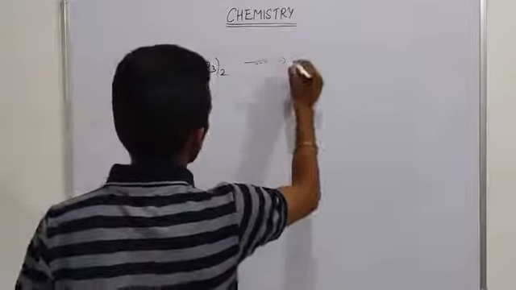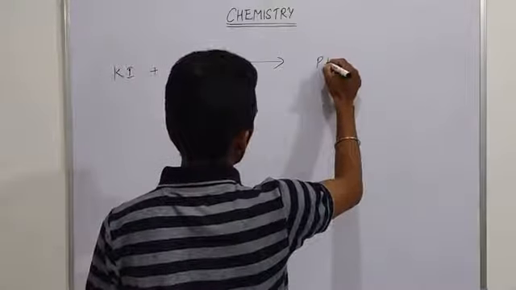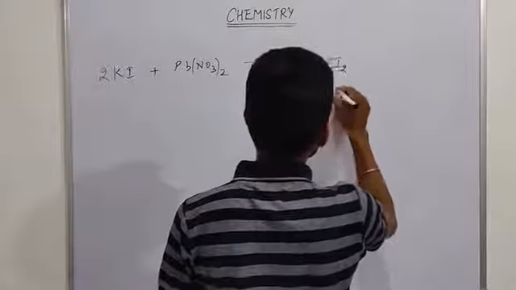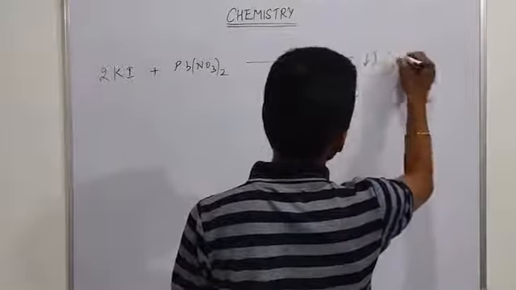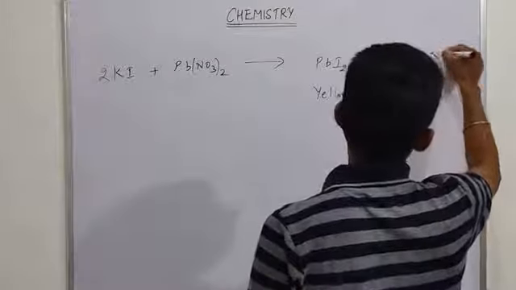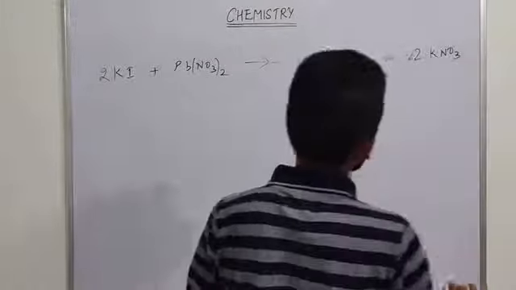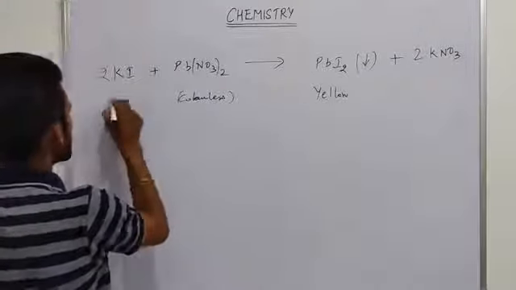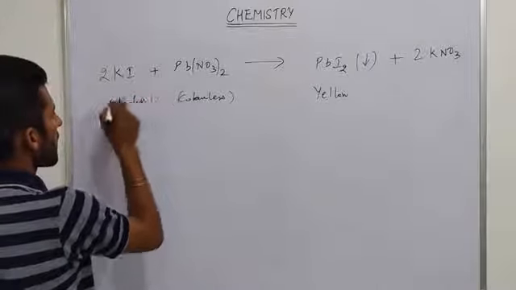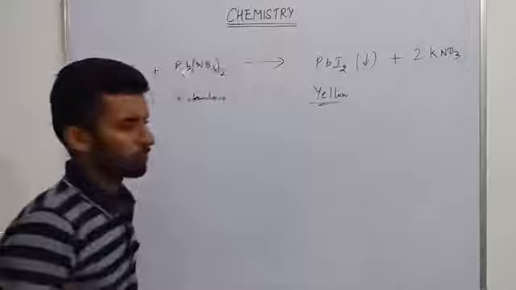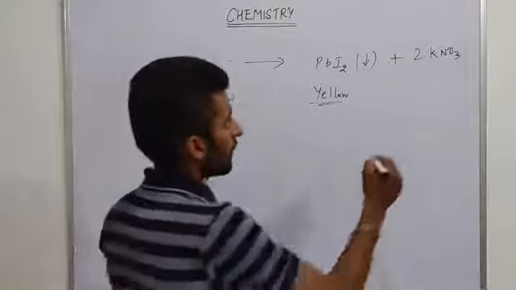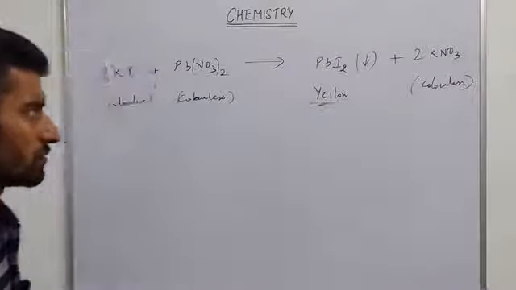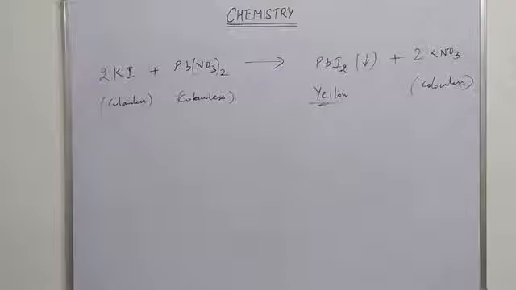From potassium iodide, iodide combines with Pb, lead, and the precipitate is yellow, and it settles down, and potassium nitrate remains in the solution and it is colorless. So earlier these all are colorless. This one is also colorless, but this one is yellow and settles at the bottom. The last one, KNO3, that one is also colorless. So this is an example of precipitation reaction.